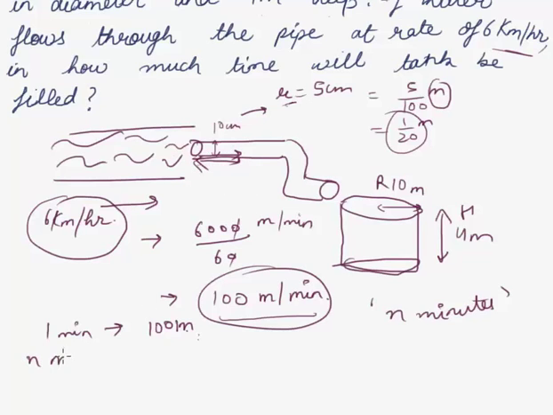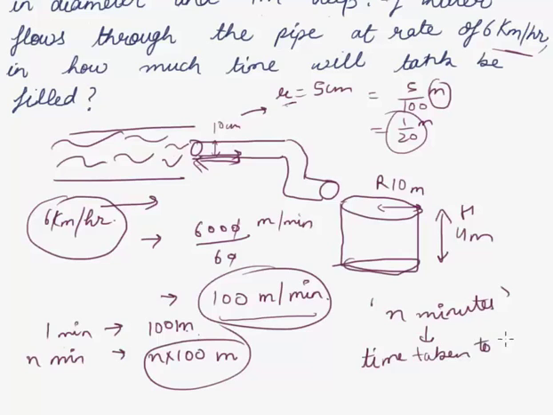So in n minutes we can say that n into 100 meters of this pipe is being covered, and n minutes we have assumed is the time taken to fully fill the tank.